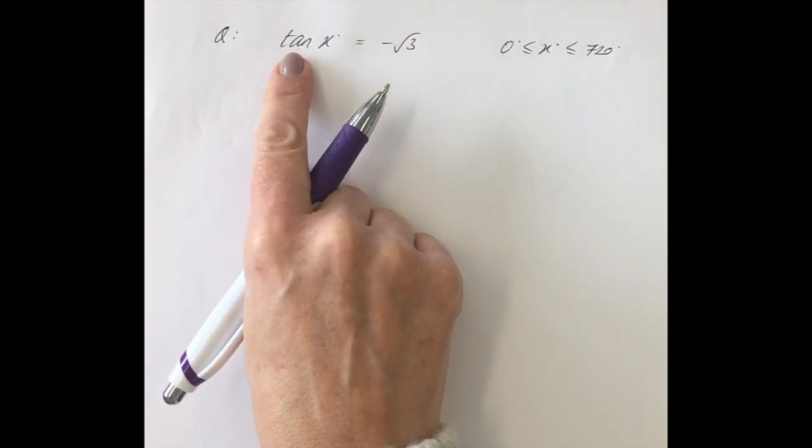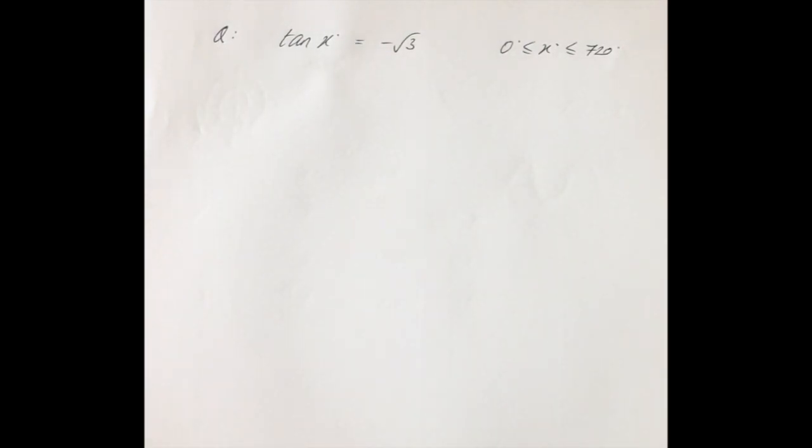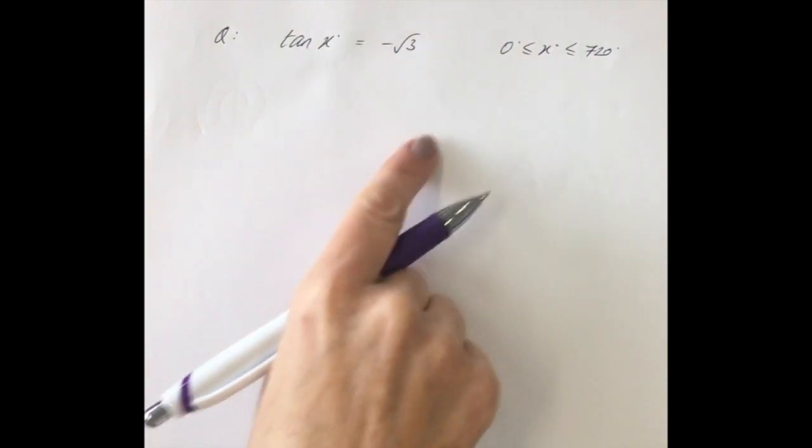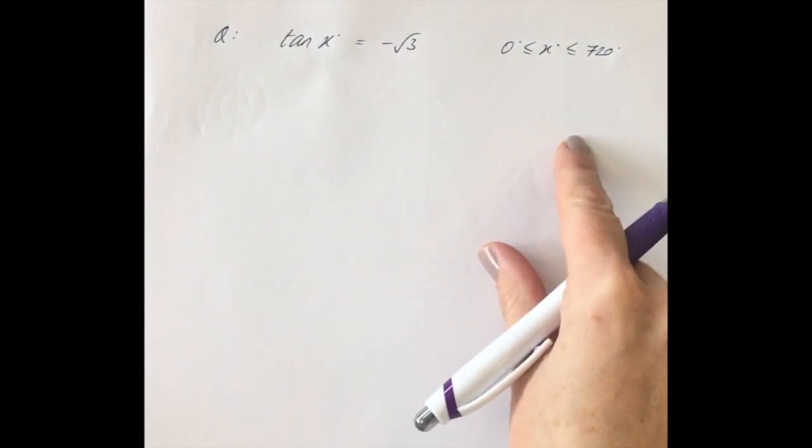So for tan, if you want multiple solutions, you'll be adding on 180 instead of 360 degrees. And the reason, of course, is that the tan curve repeats itself every 180 degrees. Go back to that video on the tan graph so you can see that visually for yourself.